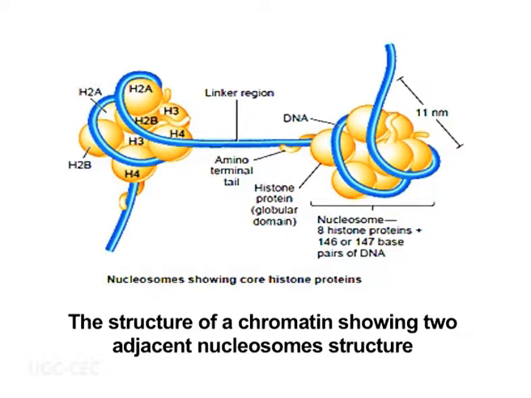There are 5 main types of histones: H1, H2A, H2B, H3 and H4. The histone octamer is formed from 2 copies of H2A, 2 copies of H2B, 2 copies of H3 and 2 copies of H4. So there are 8 units, and thus it is known as an octamer. The DNA is wrapped on the surface of this octamer in the form of superhelical turns.